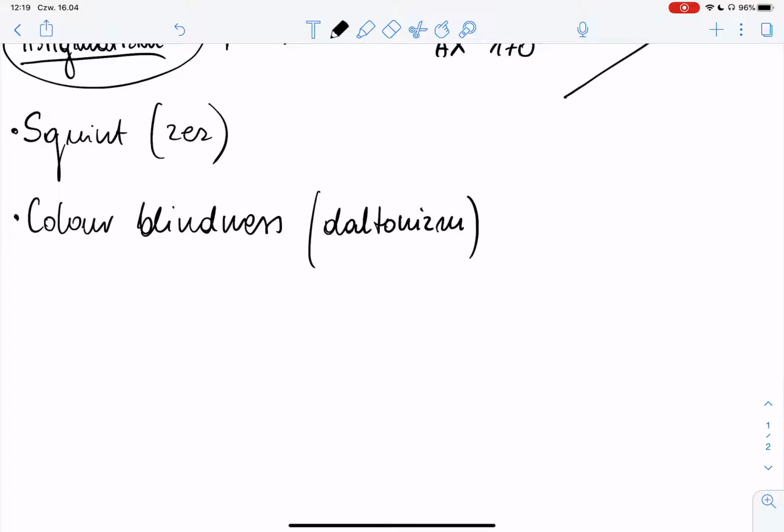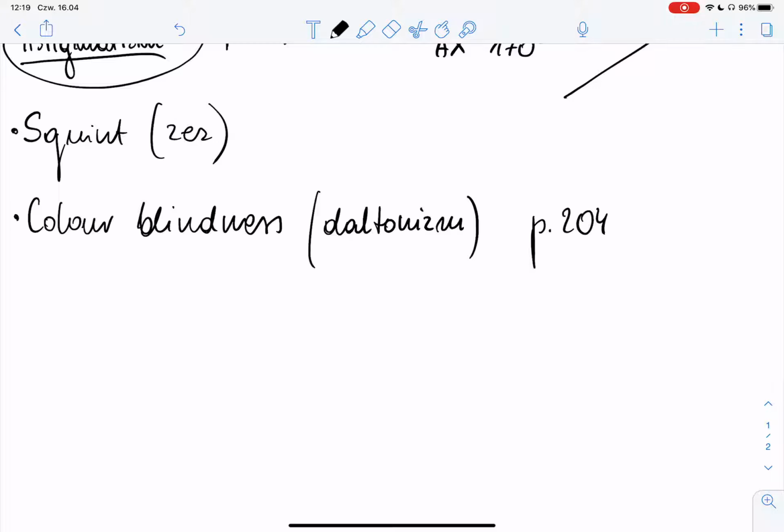And guys, if you want to check yourself, there are on page 204 special tables that you can check whether you are colorblind or not. They work like this. We have dots, which are in different colors.